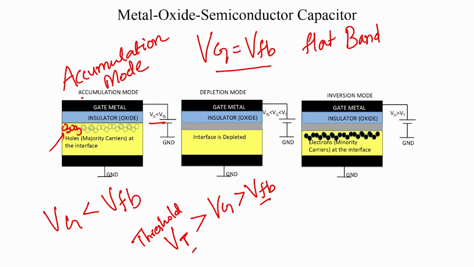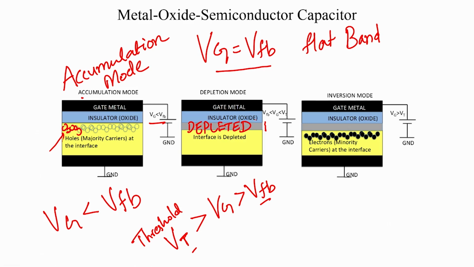Now, what happens in this case is that the gate metal now has positive charge, and therefore, it has to be balanced by the negative charge from the p type semiconductor, and that is done by depleting the semiconductor. So, this region is all depleted. Ideally speaking, there are no free carriers in that region.